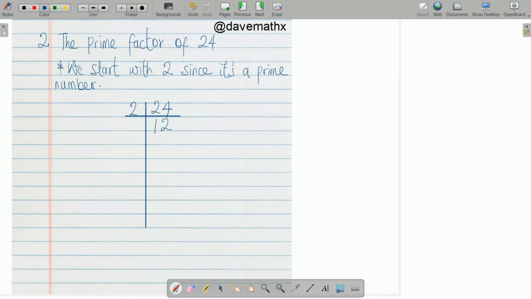We have our answer as 12, and then we divide 12 again by 2. We have our answer as 6, and then we divide 6 again by 2. Lastly, we have 3, which we divide by 3. Recall that 3 is also a prime number. We've reached the final section since we got 1.